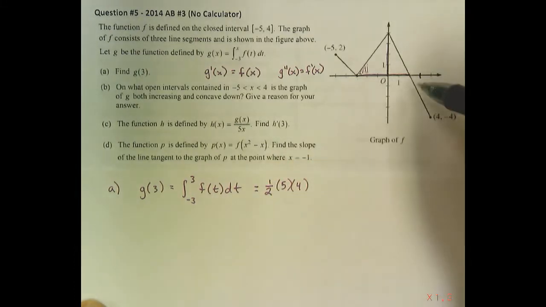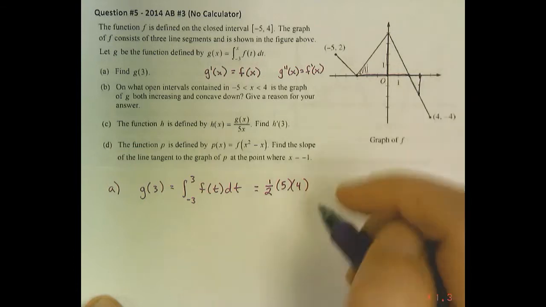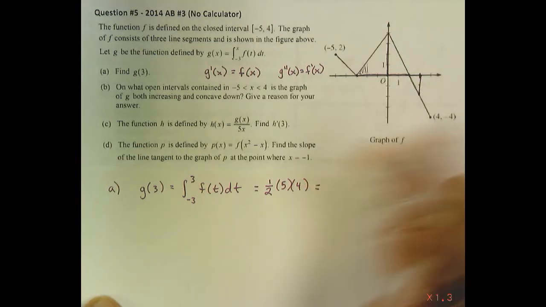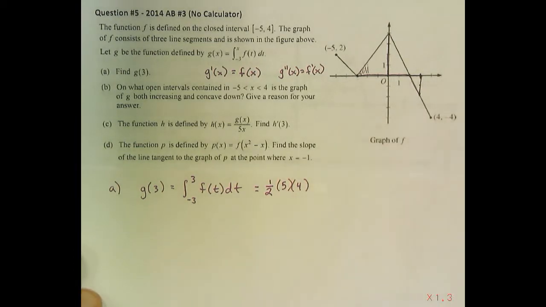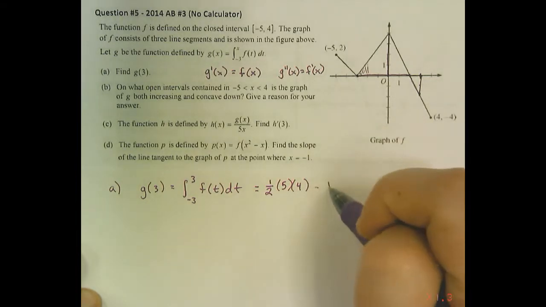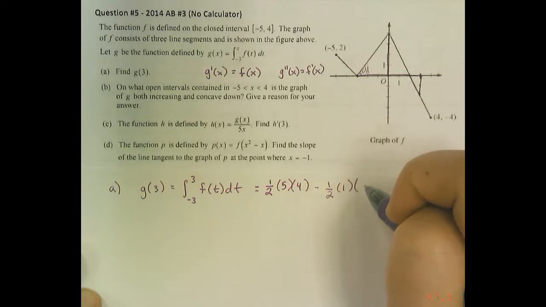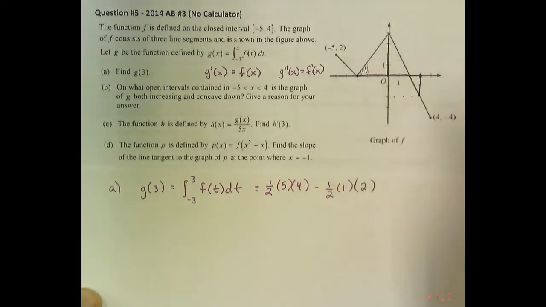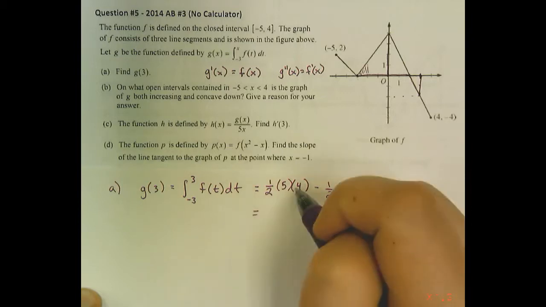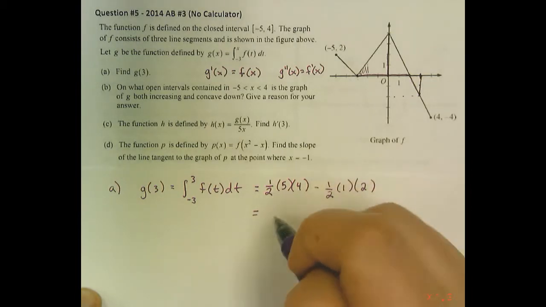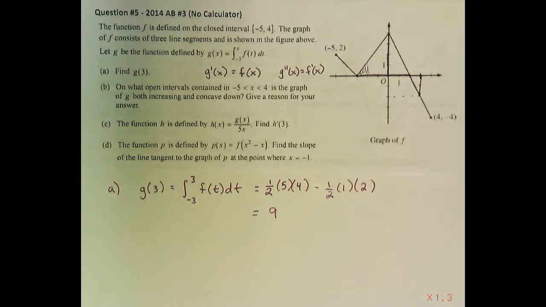And then we are going to be losing this triangle of space. So we're going to lose a triangle that has a base of 1 unit and a height of 2 units. That's going to be 20 over 2 is 10 minus 1 for a total of 9 units.